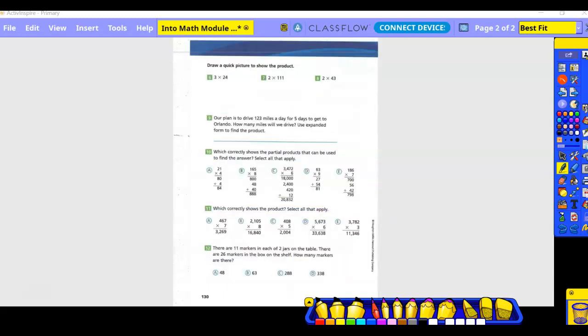Okay, so they said they want us to draw a quick picture to show the product. So this is where we use our base 10 blocks. Okay, so how many longs am I going to draw? 2 and 4 small cubes. And how many times do I need to draw that? 3 times. How much do I need to have to be able to regroup? 10.